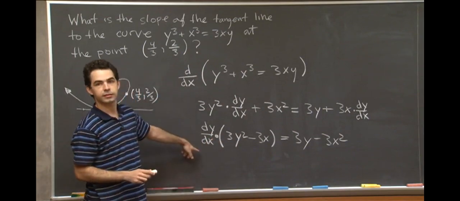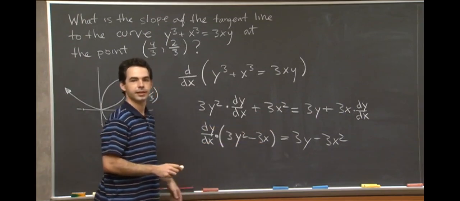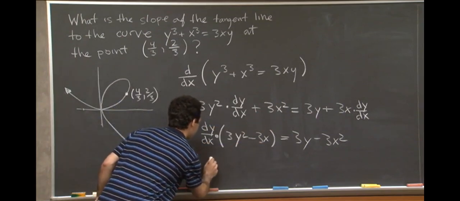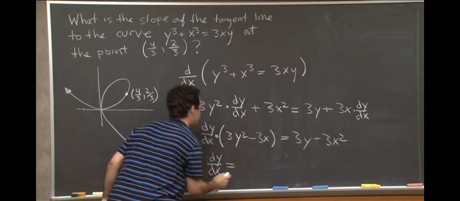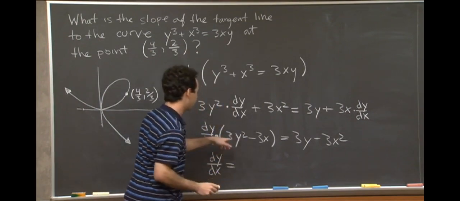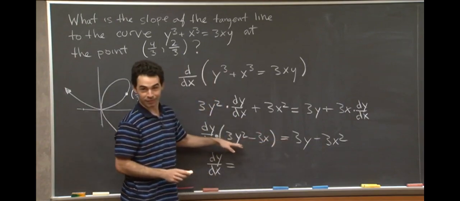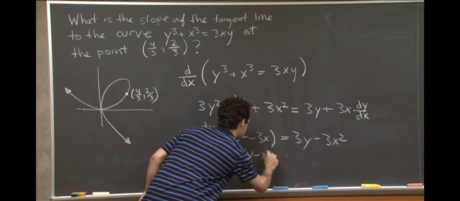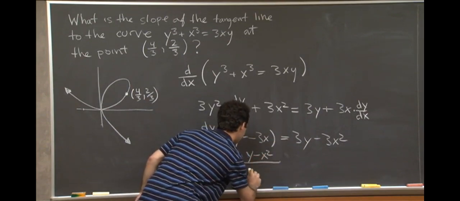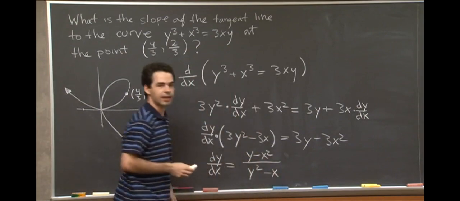And so we want dy by dx just by itself, so we can just divide through by 3y squared minus 3x. So then we have dy dx is equal to, all right, there are a lot of 3's here. There's a constant multiple of 3 on this side, a constant multiple of 3 on this side. Those are going to cancel. So this is y minus x squared over y squared minus x.